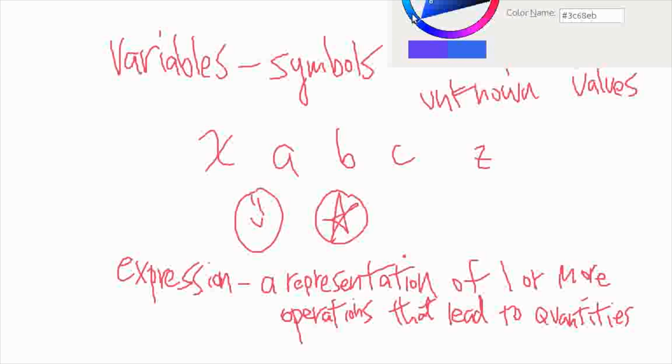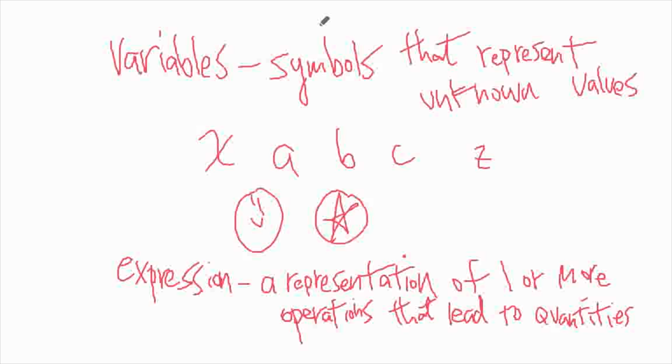So I talked about doubling a variable and getting 10. So that's an operation that leads to a quantity, the quantity being 10. So doubling some mystery value, let's call it x, and that's equal to 10. In that, the x is the variable, 2x is the expression.